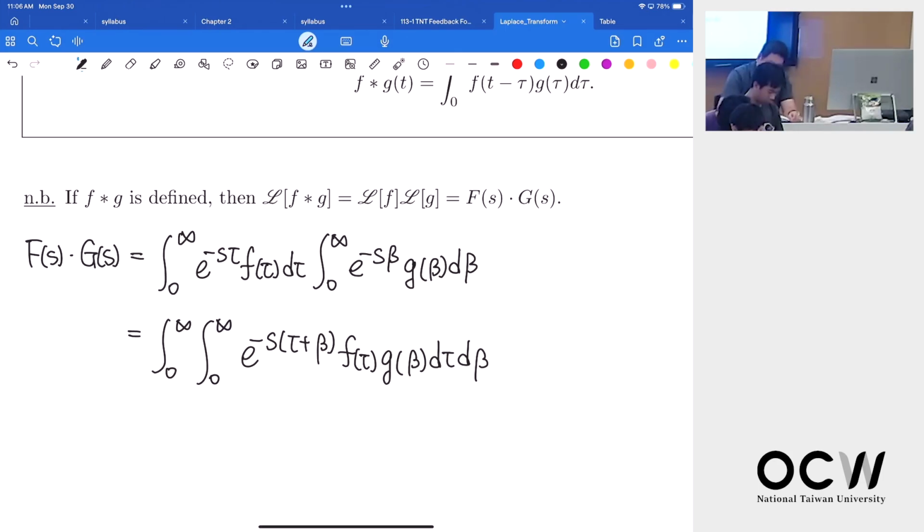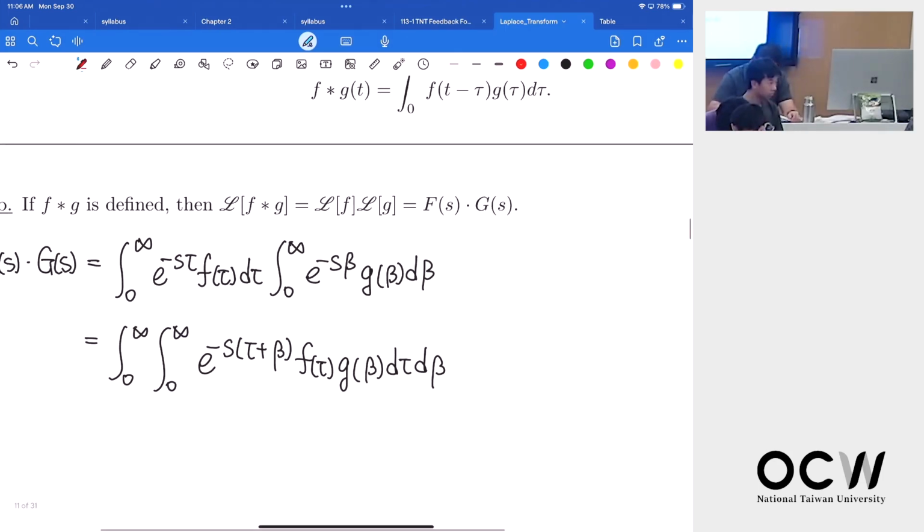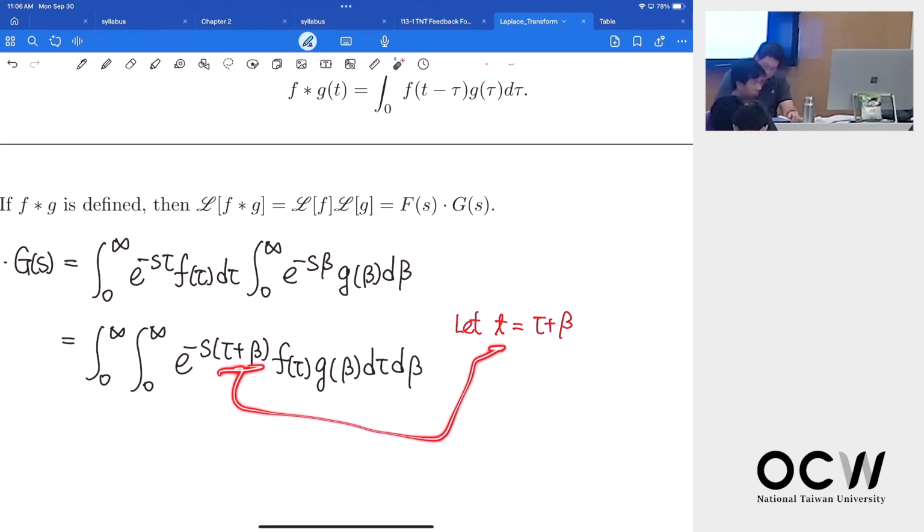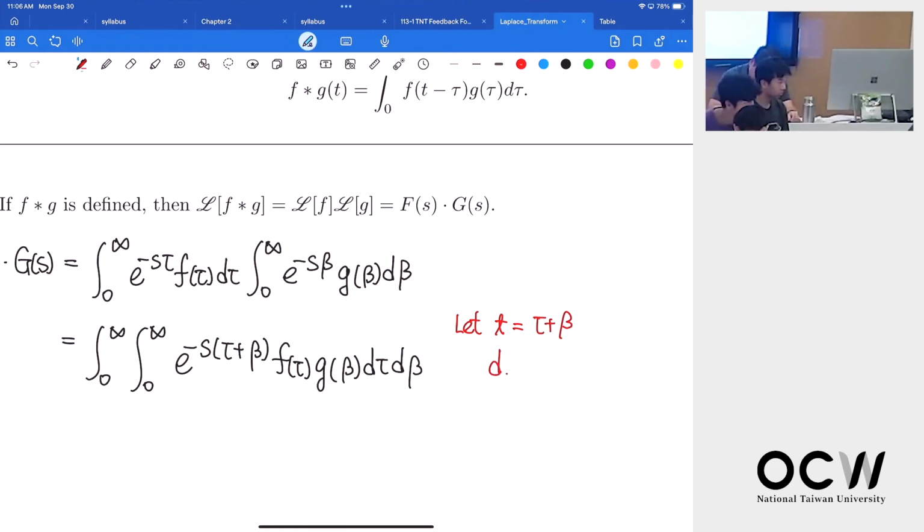And then let's change the variable. Let t equal tau plus beta, because here we have tau plus beta, so this becomes t. Then dt equals d beta.